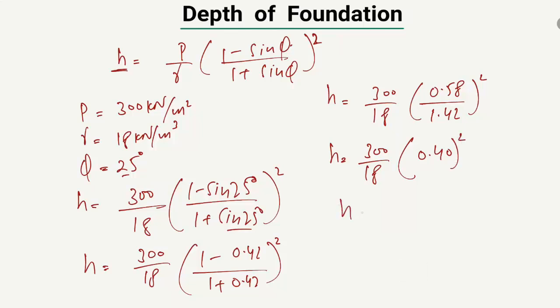By multiplying, dividing and taking the square, we get 2.78 meters.